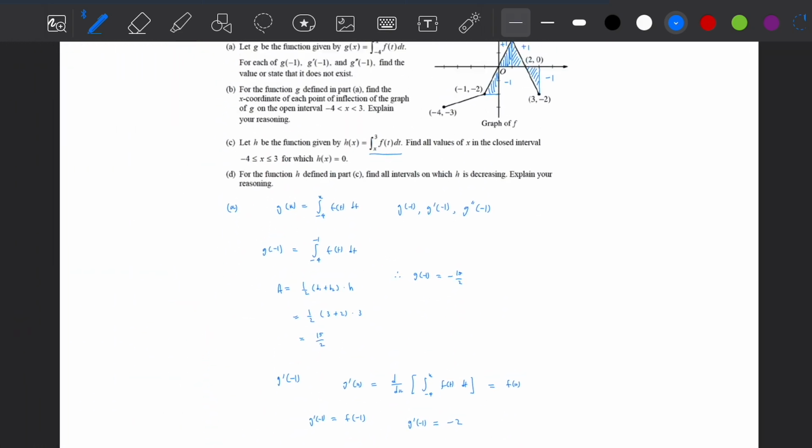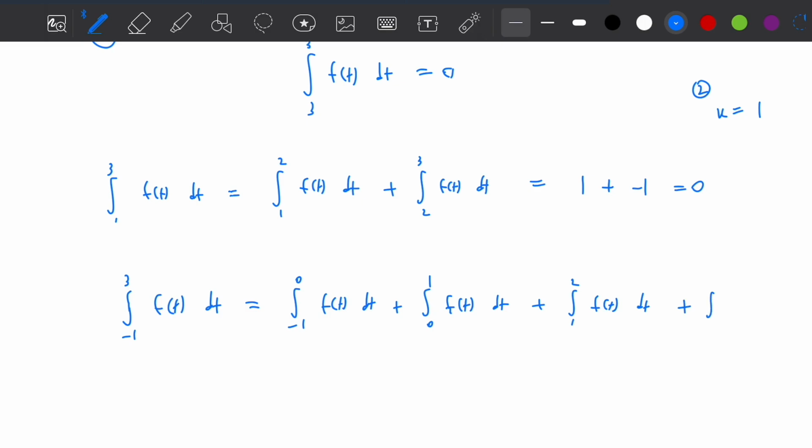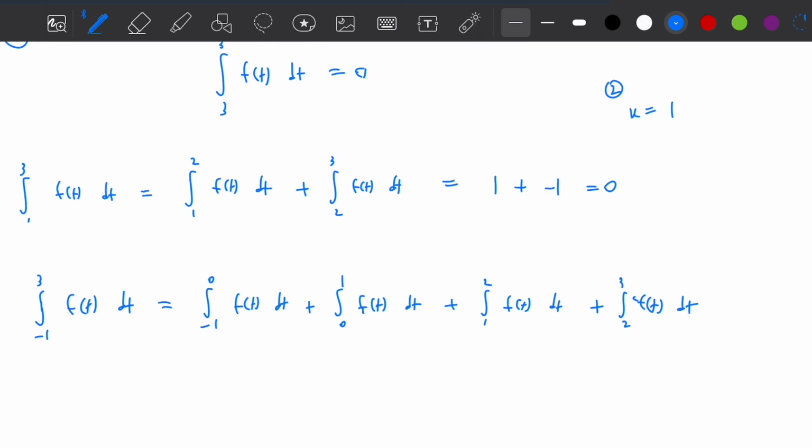This can also be written as an integral expression: the integral from -1 to 3 of f(t) dt equals the integral from -1 to 0 of f(t) dt plus the integral from 0 to 1 plus the integral from 1 to 2 plus the integral from 2 to 3 of f(t) dt.